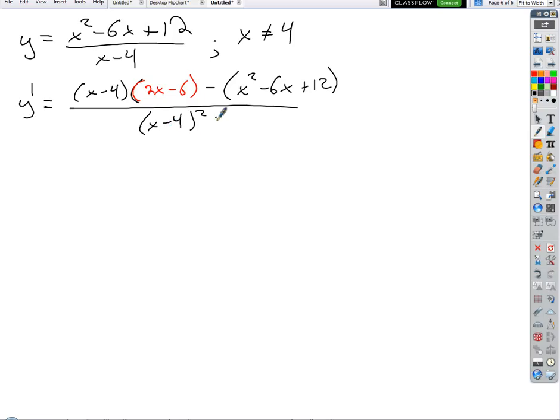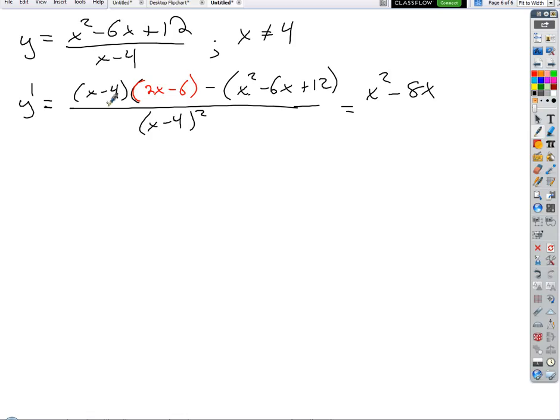Okay, so let's go ahead and do some algebra here. If we expand this out, that's going to give us 2x squared, but we're going to subtract an x squared, so an x squared. We're going to get minus 6x minus 8x is minus 14x plus 6x, minus 8x, right?